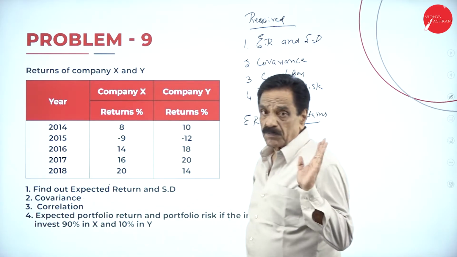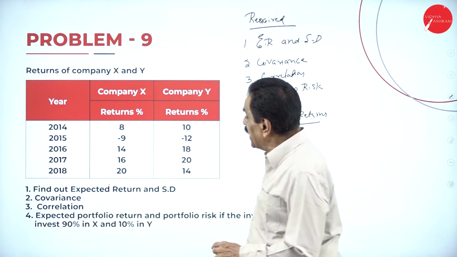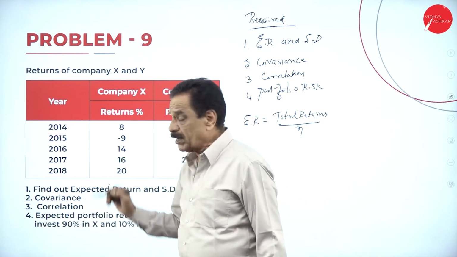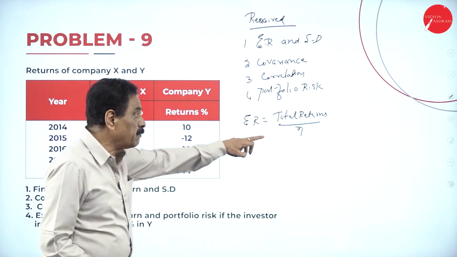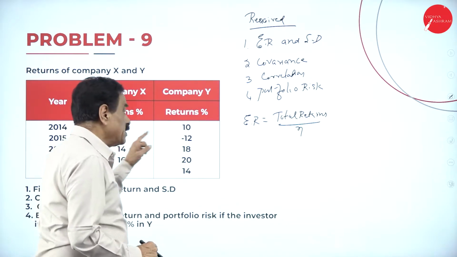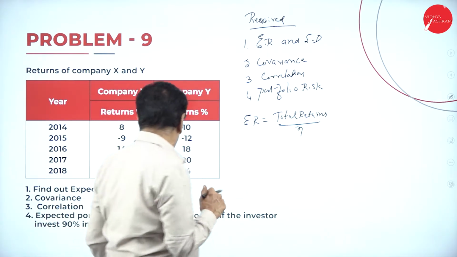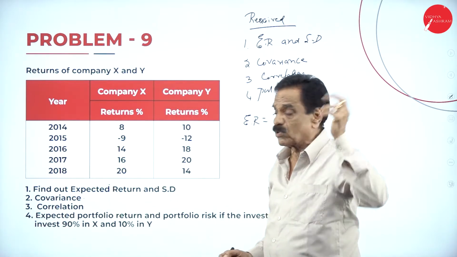We will get the return. When you get the expected return, it's called the average return. Take the deviation: 8 minus R mean whole square, minus 9 minus R mean whole square, 14 minus R mean whole square, 16 minus R mean whole square, 20 minus R mean whole square.